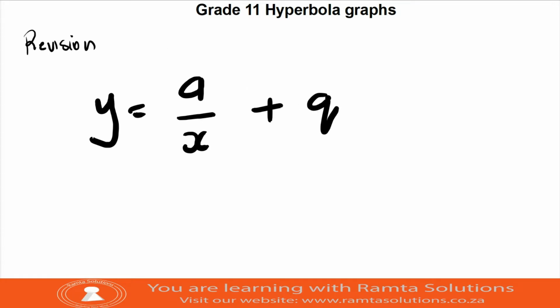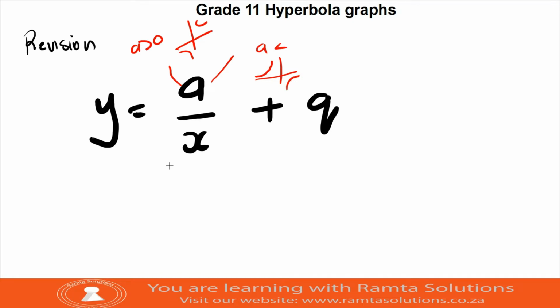And what you had said was, if this a is positive, your graph is between your first and your third. And if it's negative, it is between the second and fourth. Right?